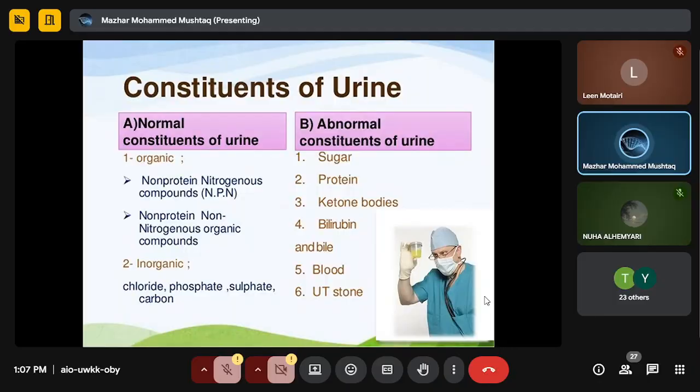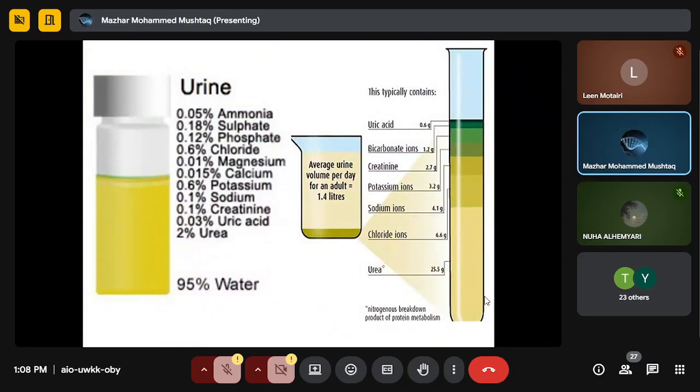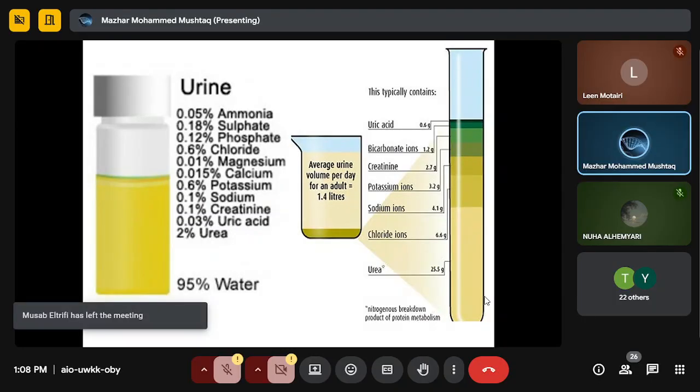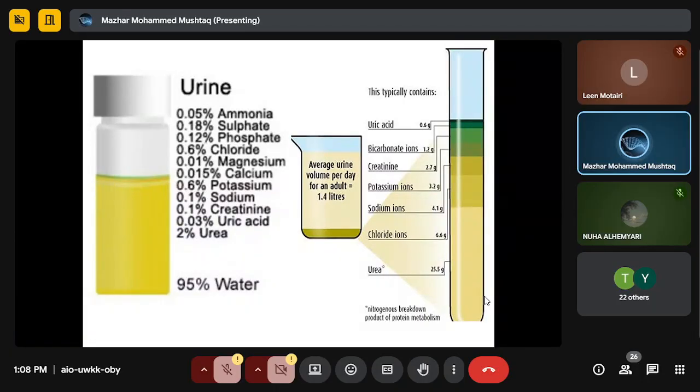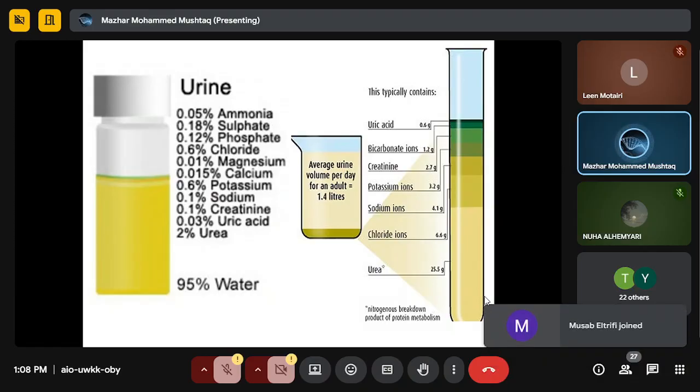These are abnormal constituents of the urine, which are highly indicative of specific diseases if the test is carried out properly. So these are the constituents of the urine in general. You have ammonium sulfate. These are the normal constituents: 95% is water, and the others are given in percentage and in grams.